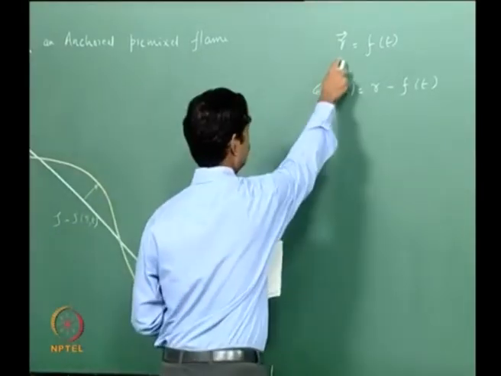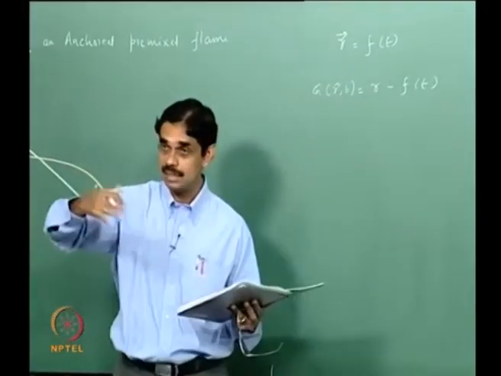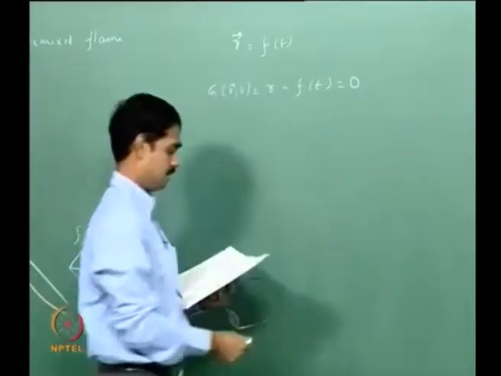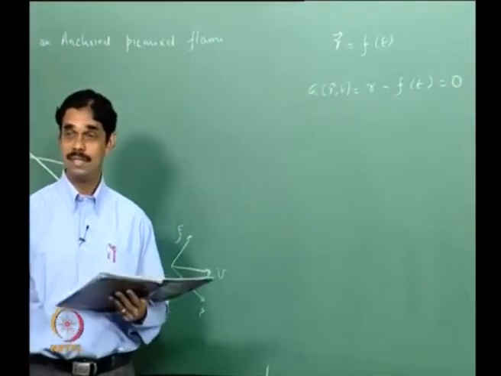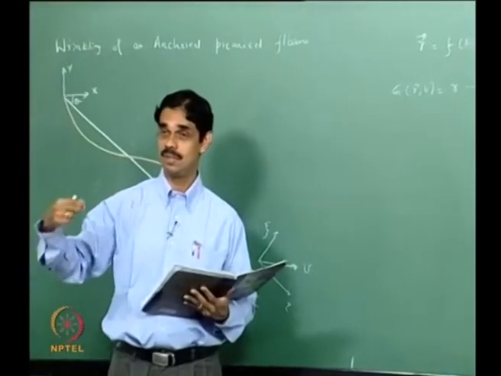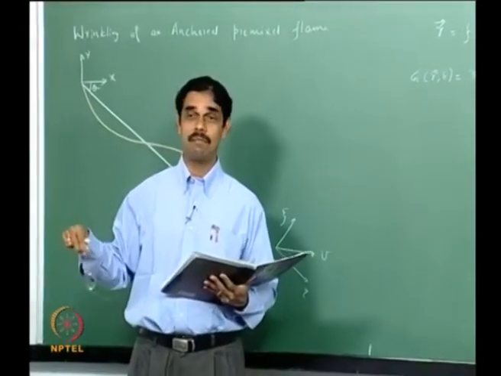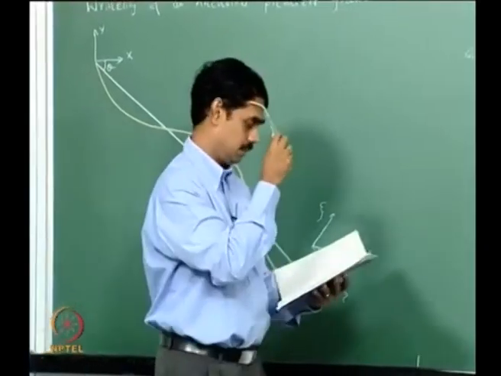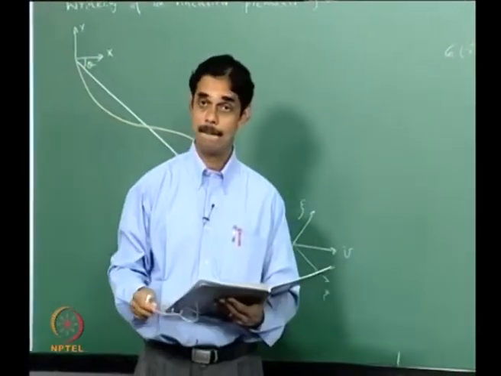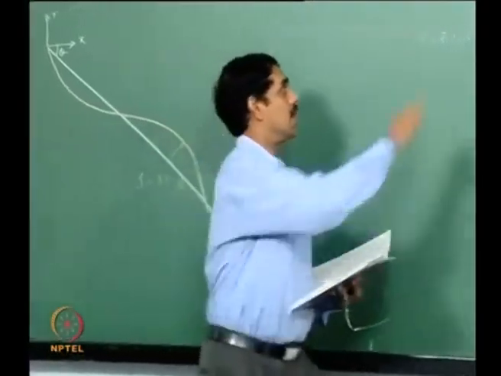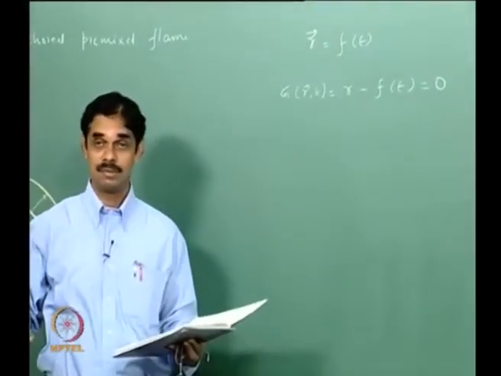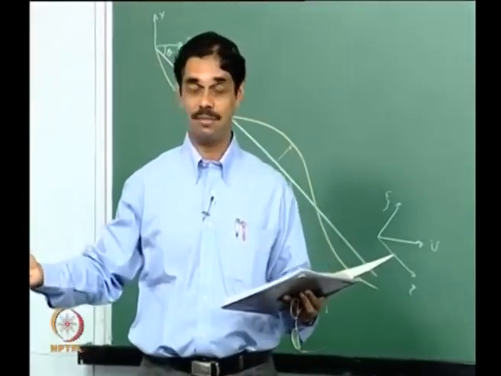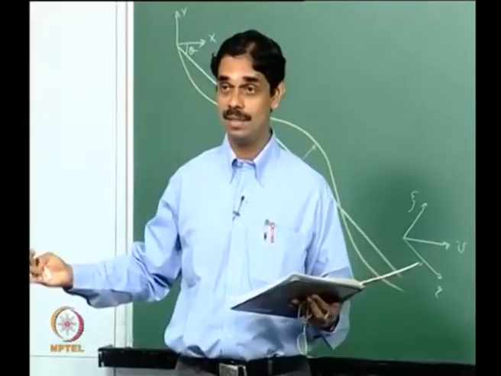This just means the location of the flame is changing in time. If I define a function like this, it has to be 0 at the flame. So g going to 0 is the flame; if it is not 0 it is on this side or that side of the flame, and we have to track the g equal to 0 surface. So that is the idea. I hope this is clear. You have r equal to f of t, so we can also write the same thing as r minus f of t is 0. So we call a function g of r comma t as r minus f of t.